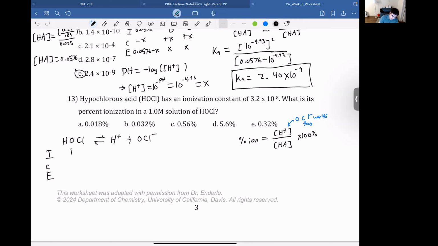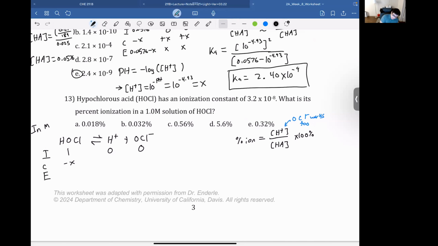We start with 1 molar solution of HOCl, right? Also note this ice table is a molarity. For H plus, we're going to assume we start with 0 and 0. Right, we're not going to consider the autoionization of water. Then we have the change, minus x, plus x, plus x, 1 minus x, x, x. Then we can use Ka. So this is Ka, right?